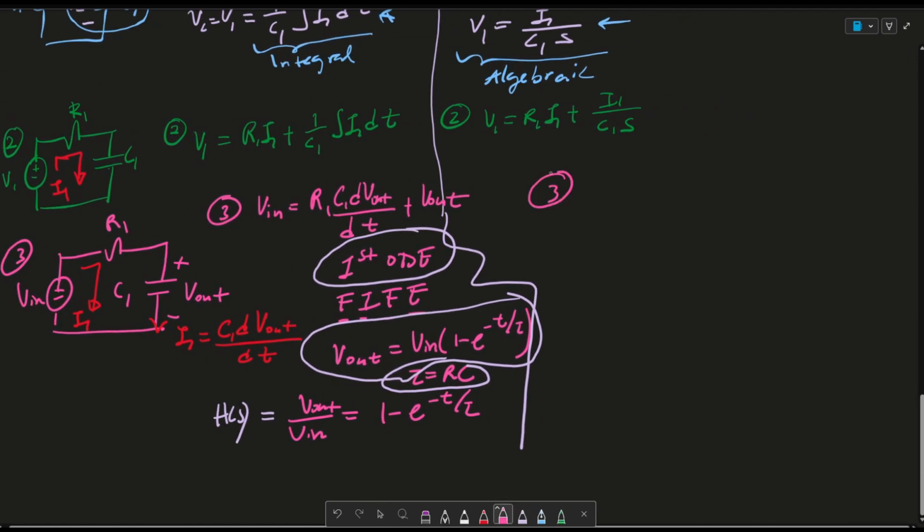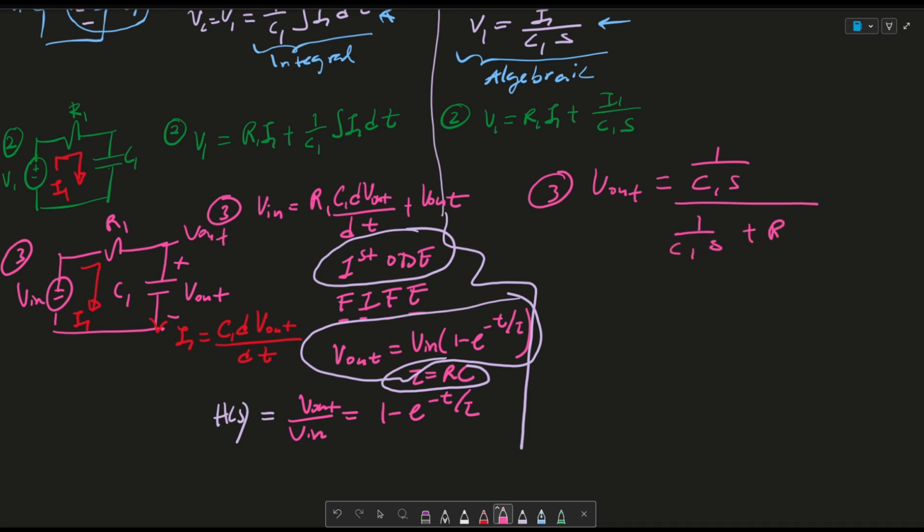So for this, I'm just going to take a voltage divider at V out. I'm going to say V out is equal to the output impedance, which is simply 1 over C1s, over 1 over C1s plus R1, times Vn.